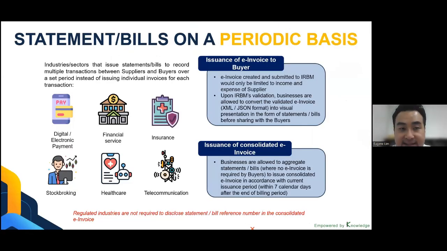Okay, another thing is called statement of bill. If you have a monthly billing, for example your telephone bill, insurance, or finance charges like bank charges that go by monthly, their statement will become like an e-invoice.